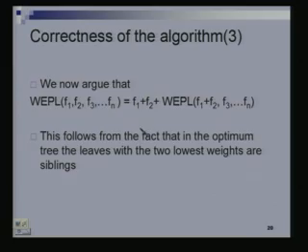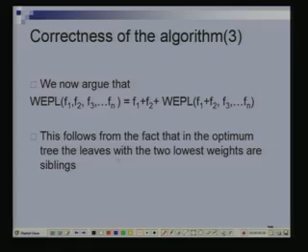Let's first argue that this implies this. Suppose we had proved that in the best possible tree, the two lowest weights are siblings. Because every time they are increasing the levels of these two siblings, if they were not the lowest, then the number of bits would be more than the minimum required.